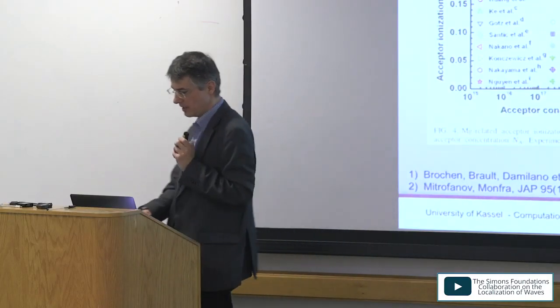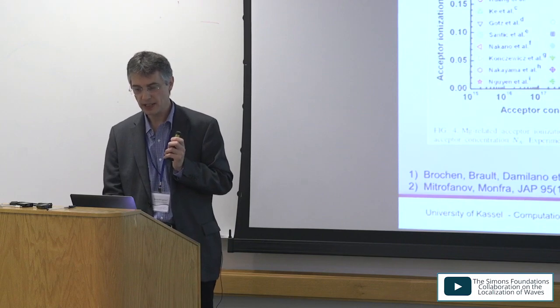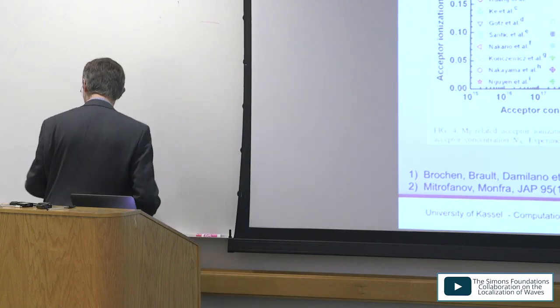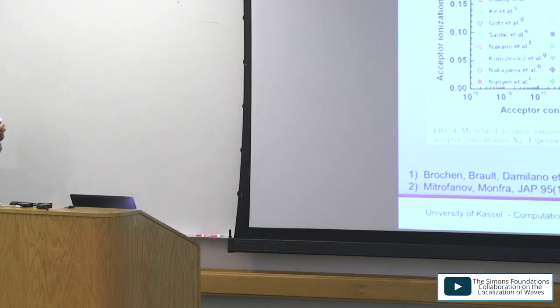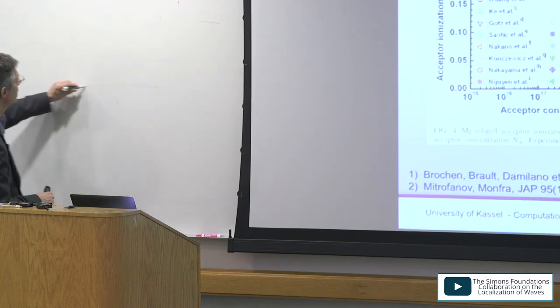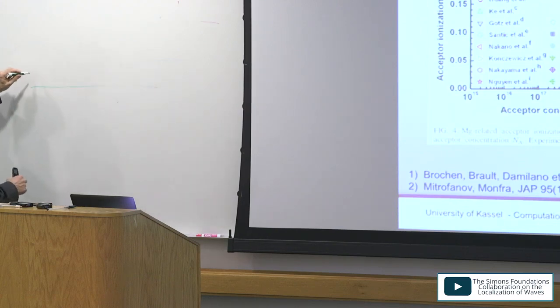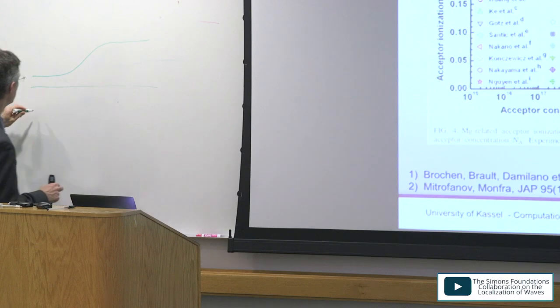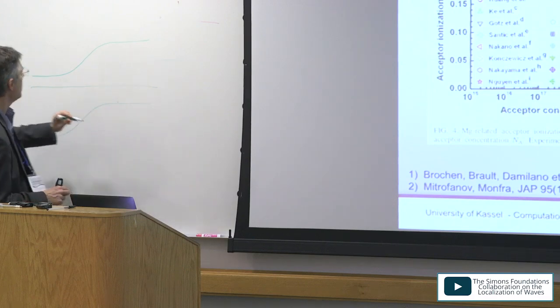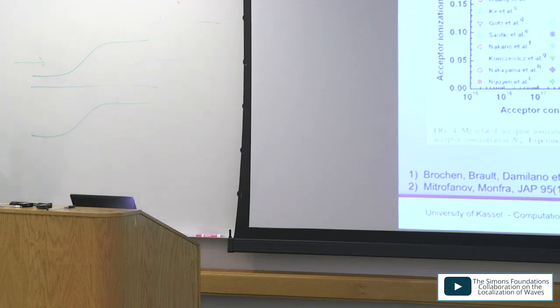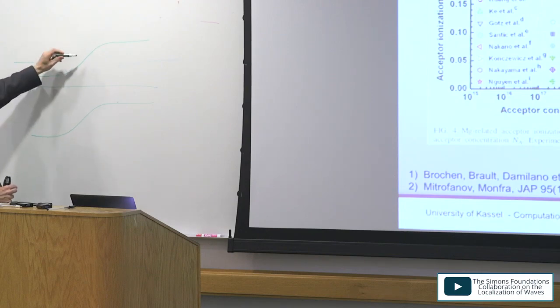And what we found is that one decisive factor is if you have a p-n junction, then if you inject electrons, these electrons actually see an electrostatic barrier here.